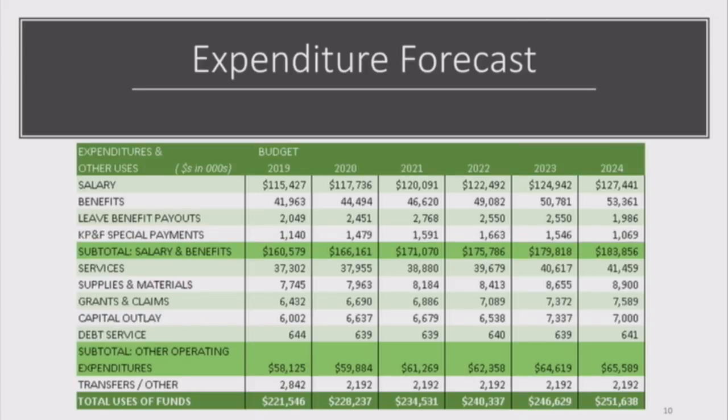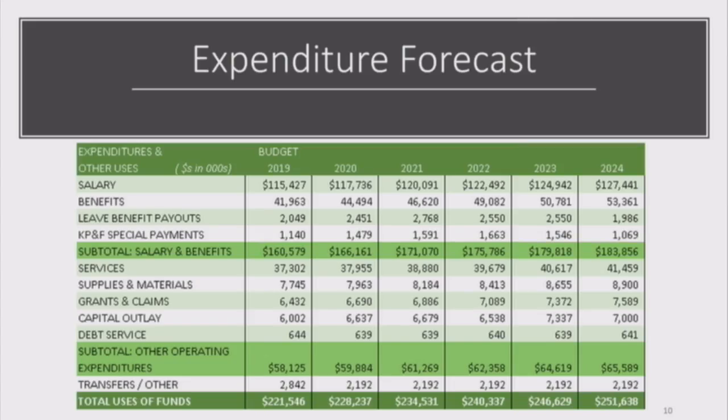In the prior forecast, we did not include any kind of annual compensation cost of living adjustment, but in this one we have. So that is a moderate increase year over year in order to reflect that cost. We know we need to build that into our forecast in order to remain competitive with our neighboring local governments.